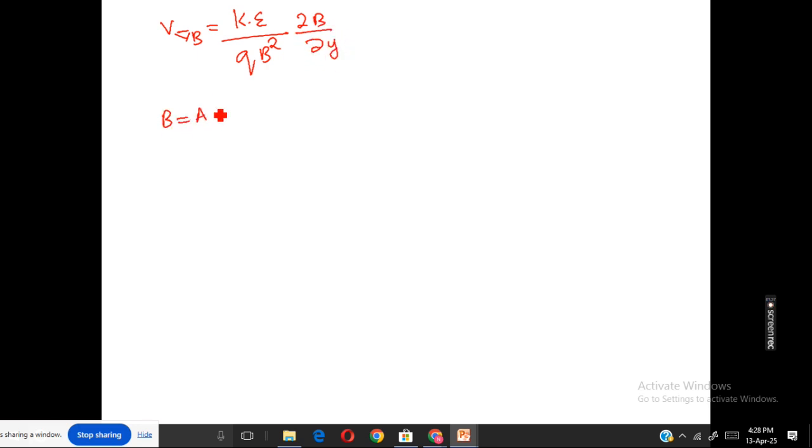B is given by A by Y. So dou B by dou Y, if we differentiate it, will become minus A by Y square, which is minus 2 into 10 raised to 4 by (3 into 10 raised to 6) the whole square.